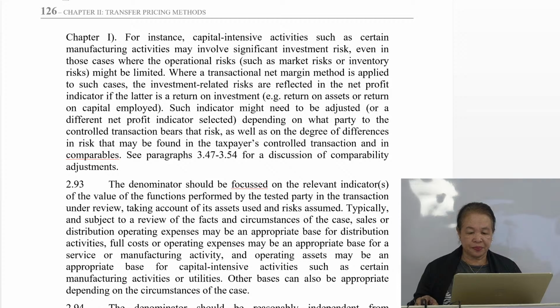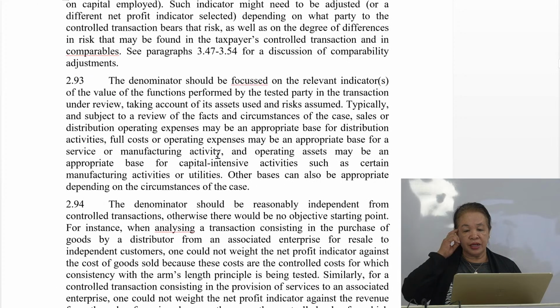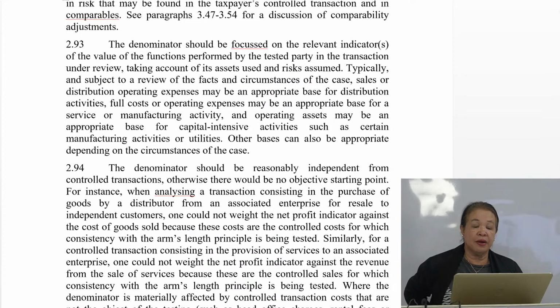So, the denominator should be focused on the relevant indicators of the value of the functions performed by the tested party in the transaction under review, taking account of its assets used and risk assumed. Typically, and subject to review of the facts and circumstances of the case, sales or distribution operating expenses may be an appropriate base for distribution activities.